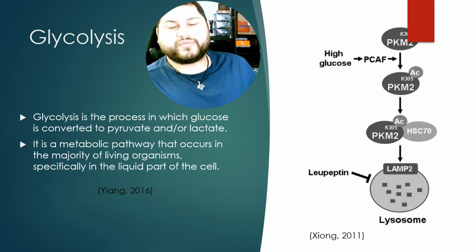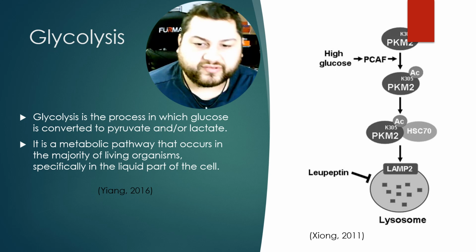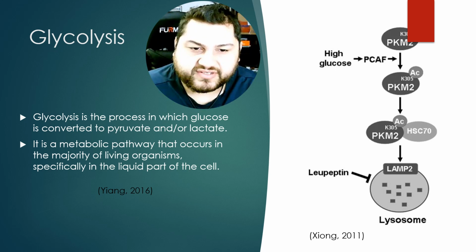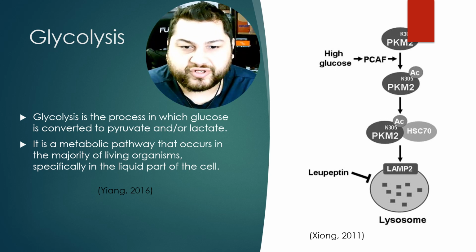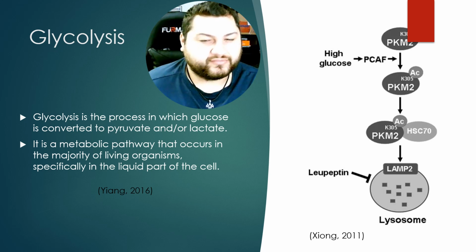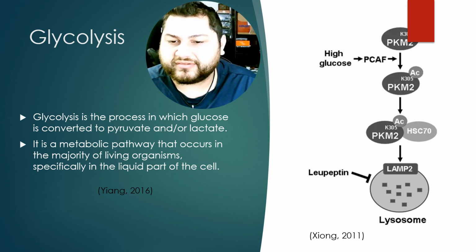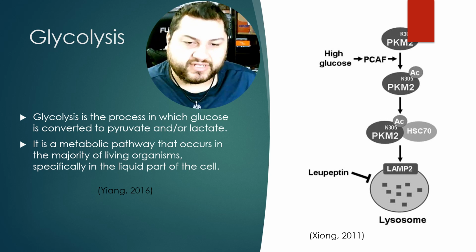So a little bit more detail into the process of glycolysis. Glycolysis is the process in which glucose is converted to pyruvate and or lactate as the end product, or the almost waste products of the process.